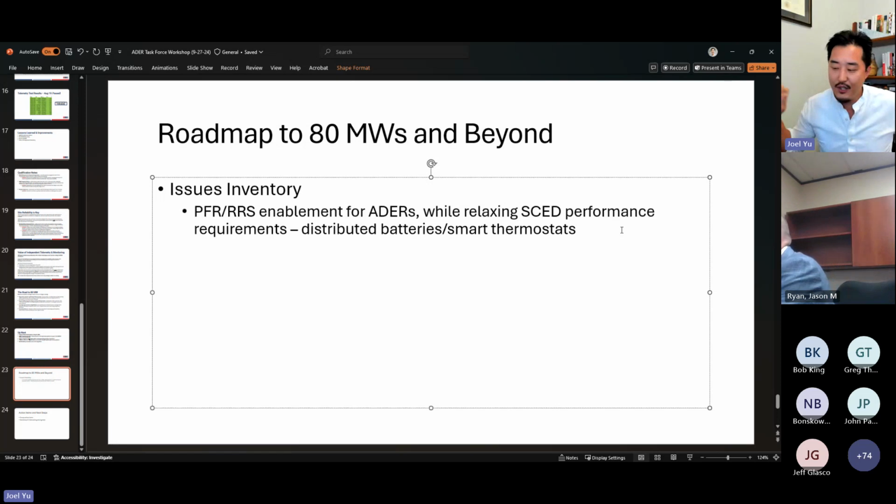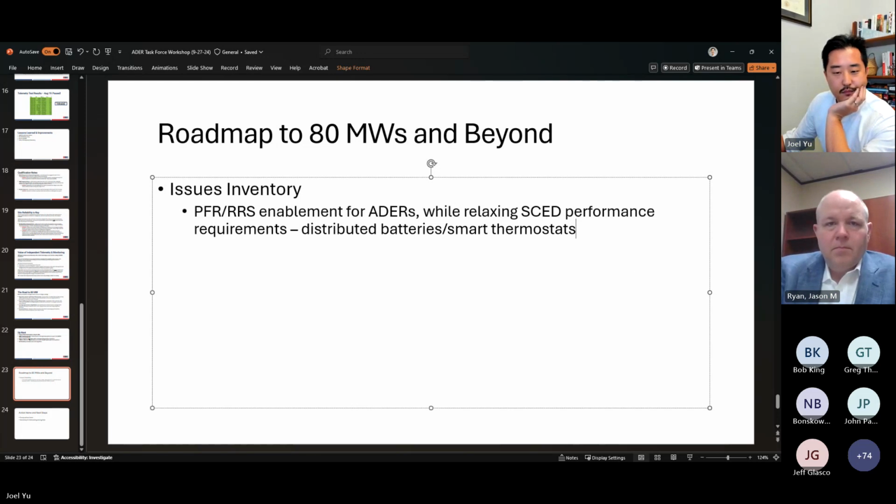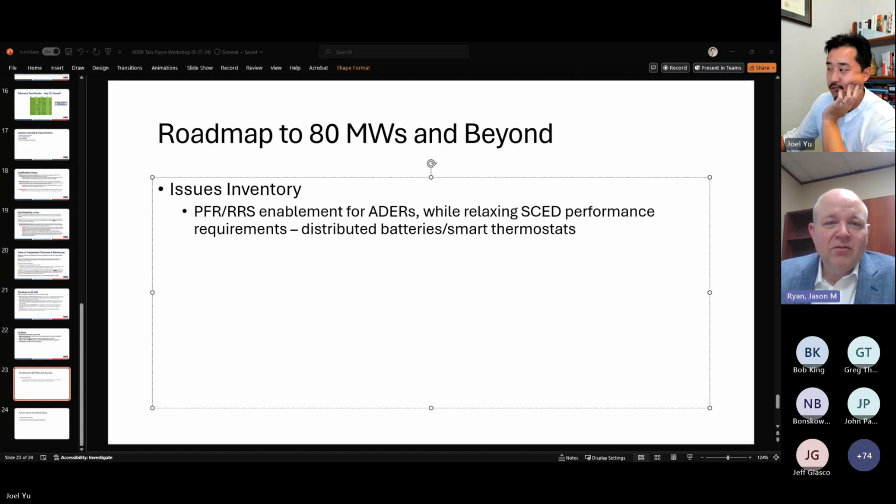So I'm going to do my best to try to capture it in a bullet point, but I think this is pretty close, Greg and John, if I'm hearing your suggestion correctly.